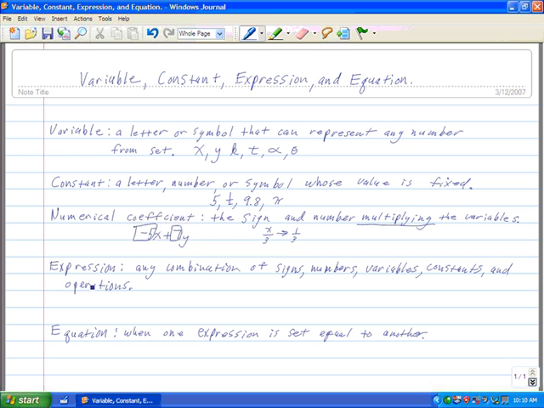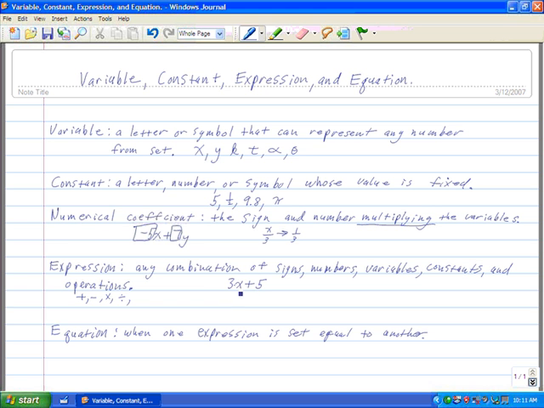Now, an expression, our next definition, is any combination of signs, numbers, variables, constants, and operations. Now, with operations, of course, we mean like addition, subtraction, multiplication, division, powers, roots, etc. So if you were to take a constant, a variable, an operation, maybe even another constant, this would count as an expression, because we actually have two operations being multiplication and addition.